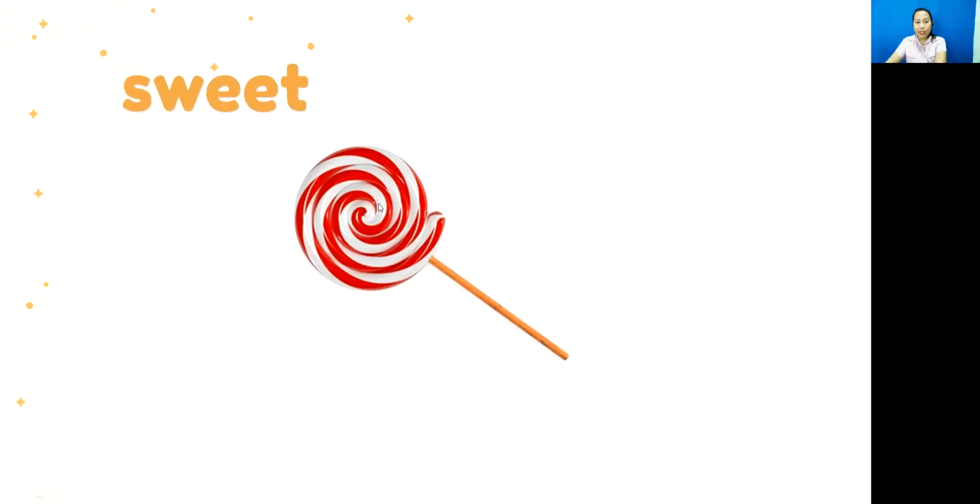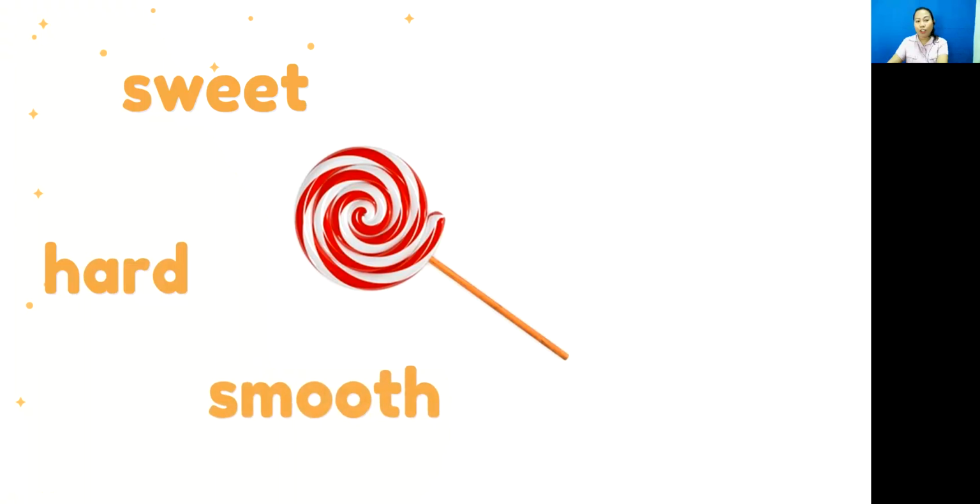So lollipop is sweet. What senses do we use here? Taste. Very good. Lollipop is hard. What senses did we use? Sense of touch. Very good. Smooth. Lollipop is smooth.